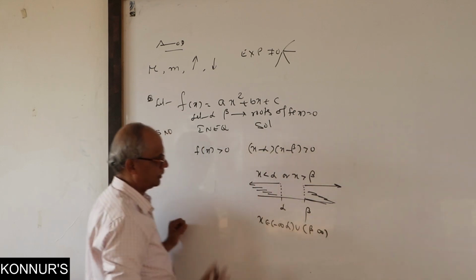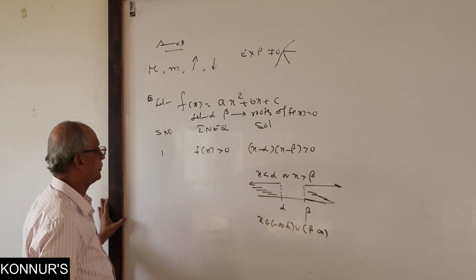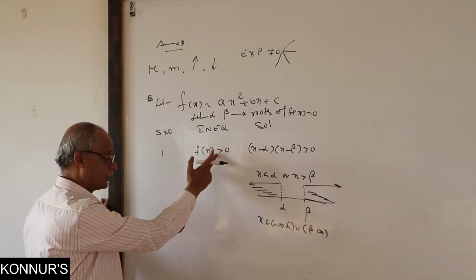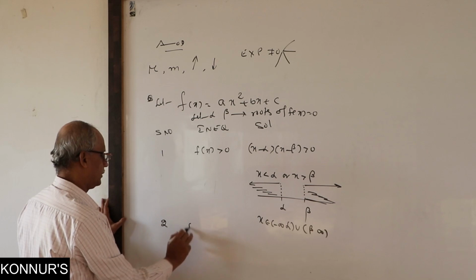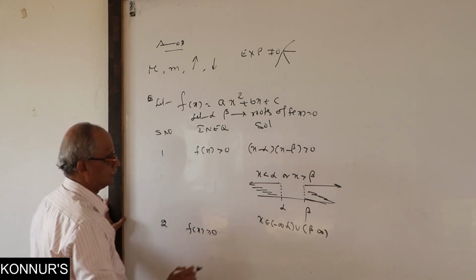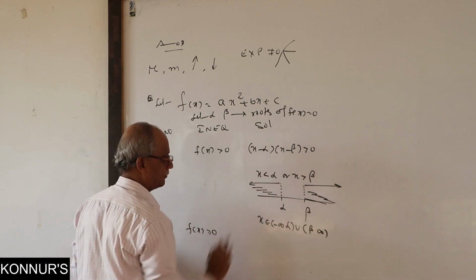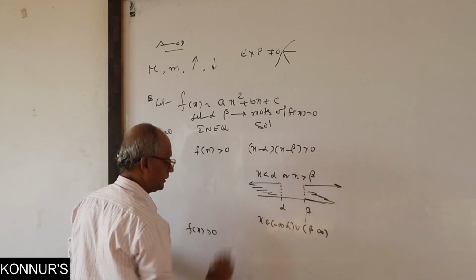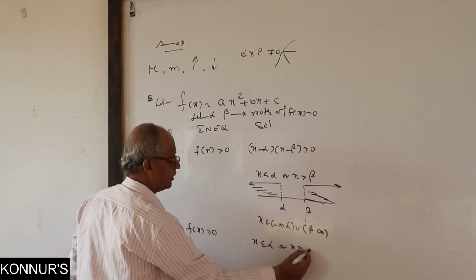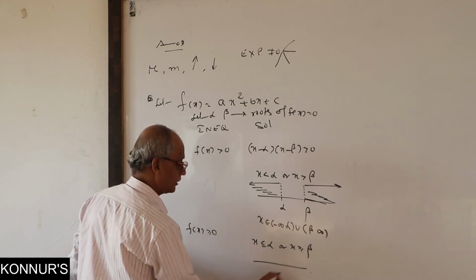This is the inequality solution, diagrammatic solution, interval solution. Any one of them they can choose for the exam question paper. That is why we are writing all three. For greater than 0. The same if you take equal to also, means everywhere equality: less than or equal to, greater than or equal to. What is the diagram?